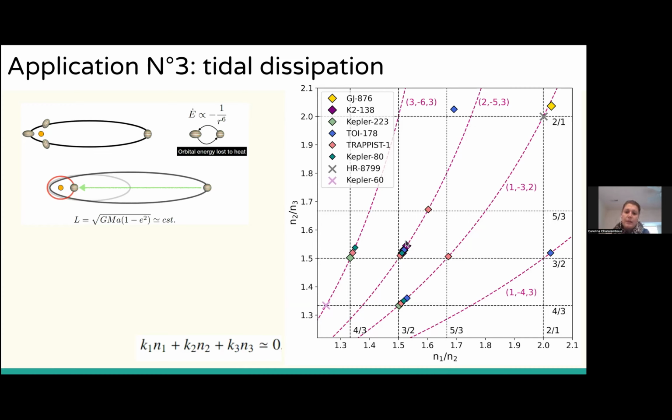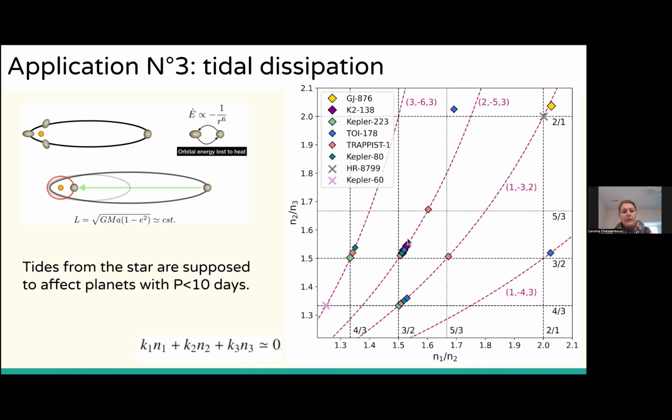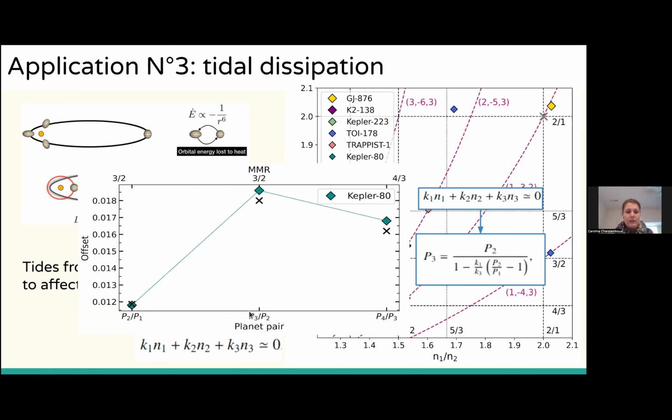And so, for example, here we can see that the planets are not exactly in the intersection of two planet resonances, but they are shifted away following the 3 planet commensurabilities. So here I show you the case of one of the systems, which is Kepler 80. And we plot the offset, and we see that they follow this trend right here.